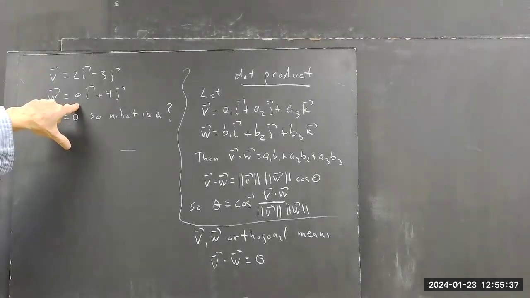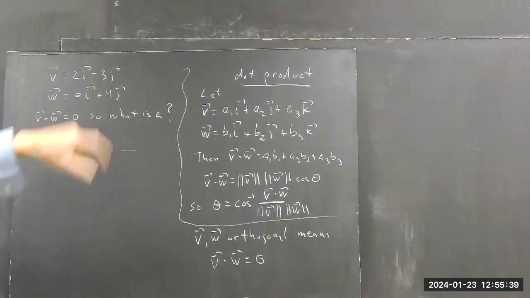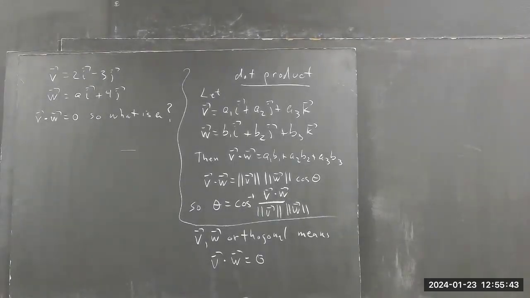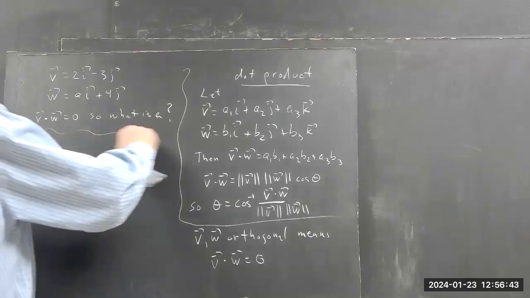Two vectors with an unknown here. V dot W is 0, so what's the value of A? Okay, at least one person came up with a solution to 6. Let's see how you get it.